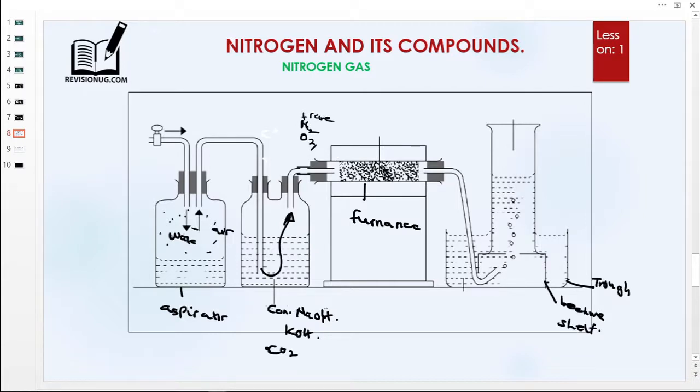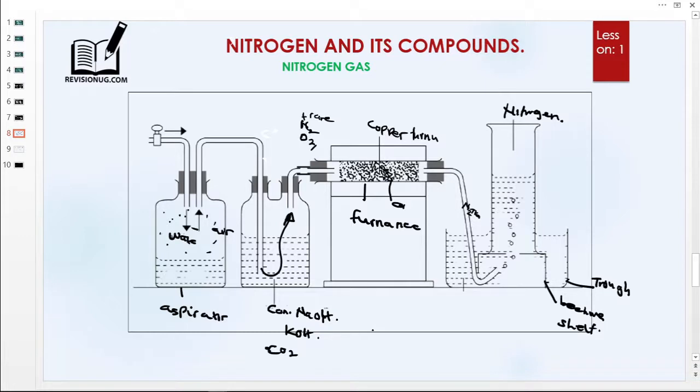On reaching here, we have the copper turnings, and they are being heated red hot. As the air passes over them, the oxygen keeps reacting with the copper, thus being removed from the mixture. Then in this delivery tube we are going to receive nitrogen gas plus rare gases. It is then collected over water. So here we have now collected our nitrogen. This is a diagram showing preparation of nitrogen from air.